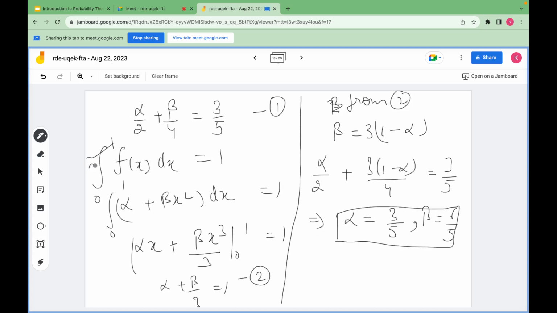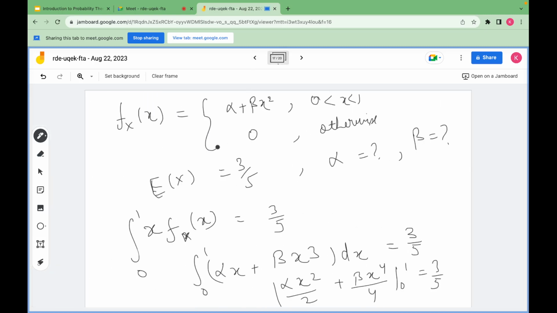So this result is very crucial, that the integral of fx dx over the whole range is equal to 1. And the formula of expectation is also important, that it is the integral of x fx from 0 to 1. So these two results are used to solve this problem.